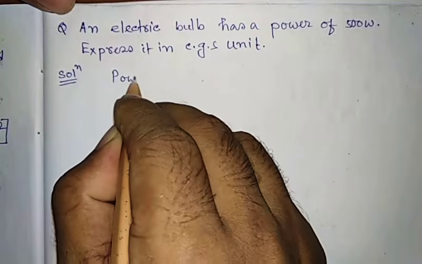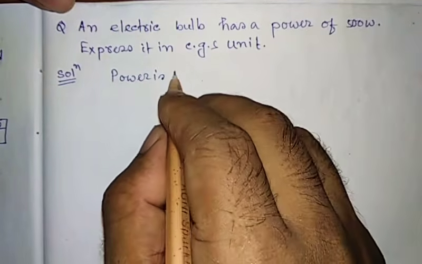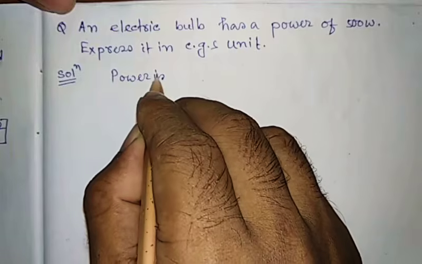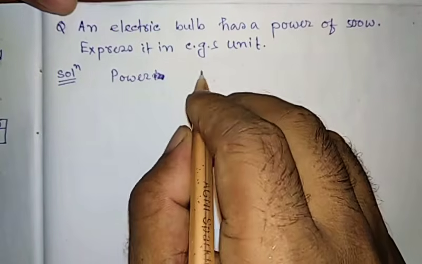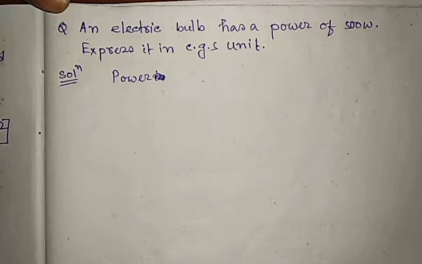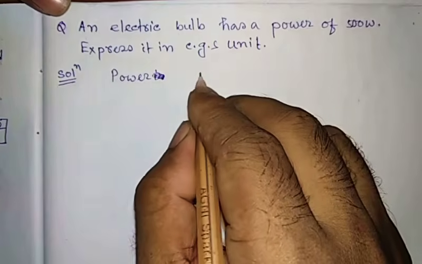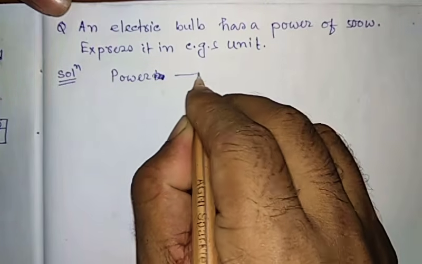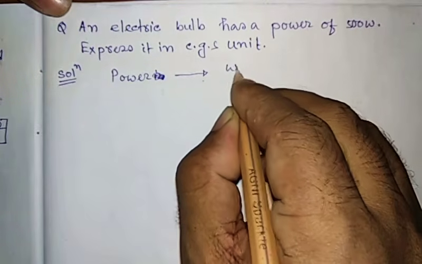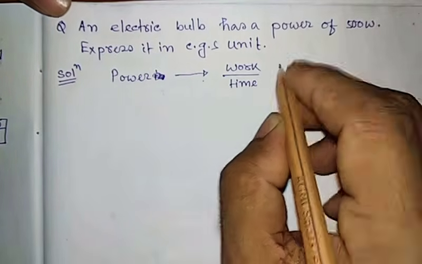So now here power. We have to write here power, its dimension is work by time.